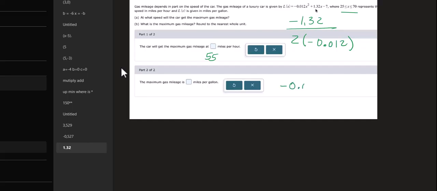Minus 0.012 times 55 squared plus 1.32 times 55 minus 7. I get 29.3, round to the nearest whole unit, so that would be 29 miles per gallon.